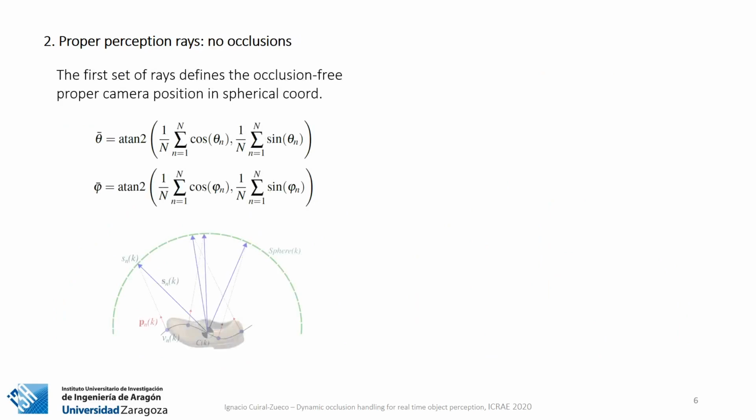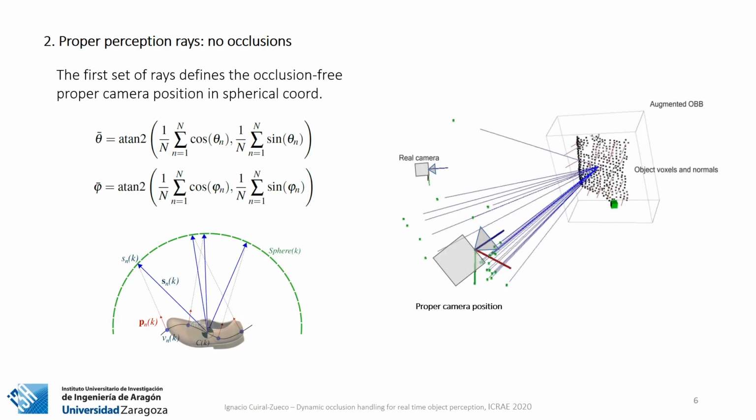The first set of rays, if there were no occlusions, will be my proper camera position. As you can see here, they are computed by the mean of the angles in spherical coordinates of each one of these rays.